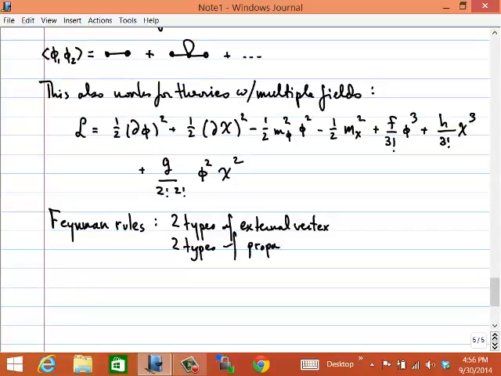A propagator for either a chi field or a phi field. And we have three different interaction vertices. Okay. So for example, this is your phi propagator.